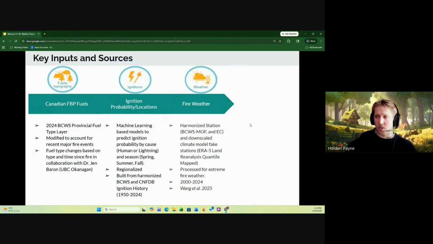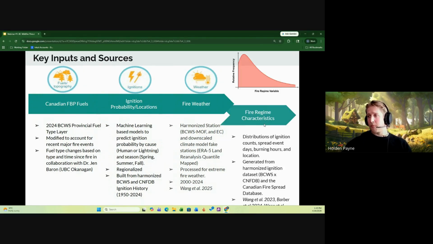We wanted to have good station coverage. And then these were also modified to account for some of the limits on extremes that downscaled weather has. So they were modified to mimic some of the more extreme weather that we find at relevant stations, and then they were clipped to represent extreme fire weather, following work that was done by Wang and others in 2025. And this is all data from 2000 to 2024. So we tried to get as much weather data as we could, knowing that this is more extreme fire weather.